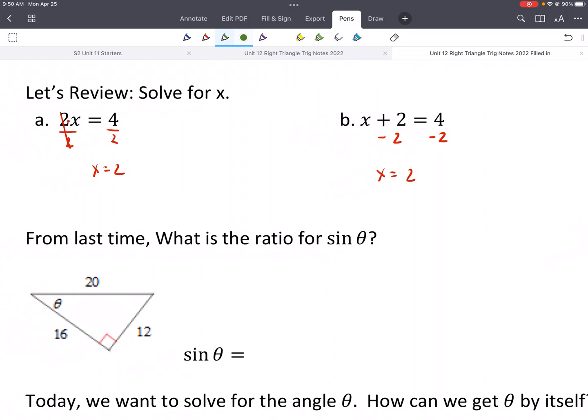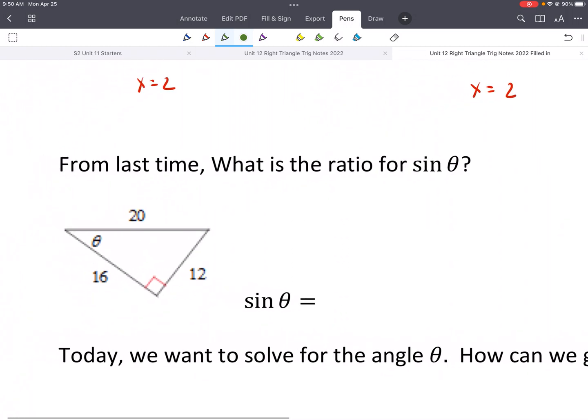So let's go back to what we did last time. Last time we found ratios. So what's the ratio for sine theta for this example? Well, what we did is we started with our reference angle. We labeled what H, O, and A are. And then sine, we said, is O over H. So it would be 12 over 20.